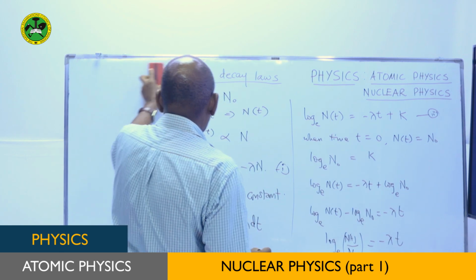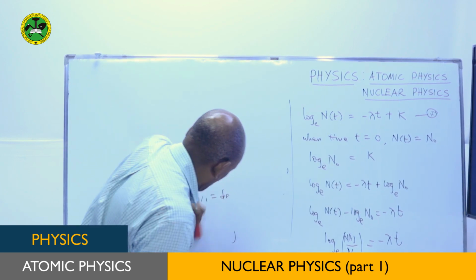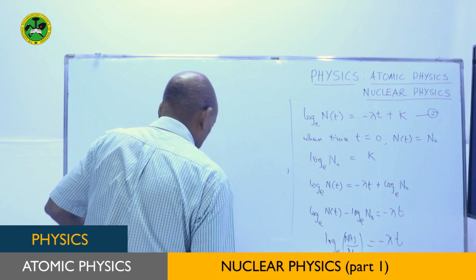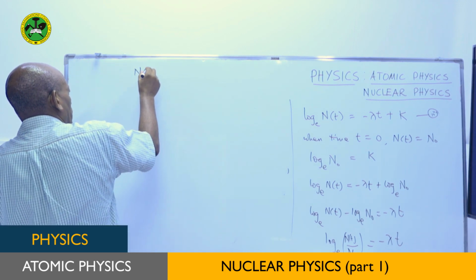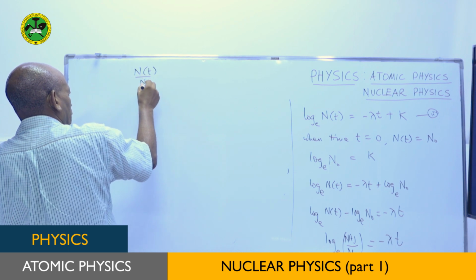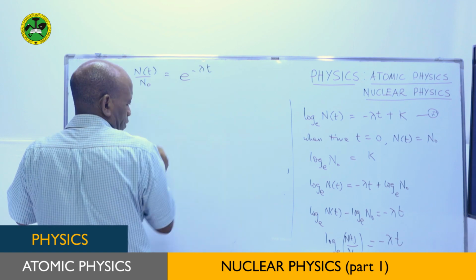And therefore, if I proceed from that expression, N(t) over N naught will be equal to e to the power minus lambda t.